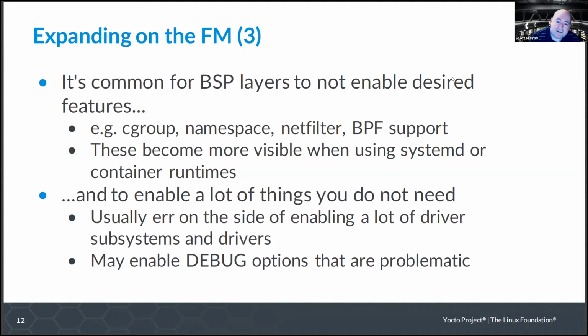Things like netfilter, well, actually all of those become very visible with systemd or some of the container runtimes, because they expect a lot of that to be turned on. And you'll either see weird warnings or things won't work. It's common. I think Docker runc won't even start if certain things aren't enabled.